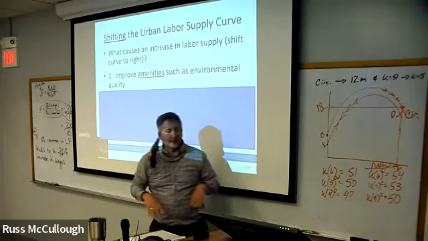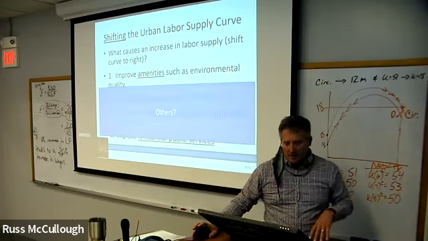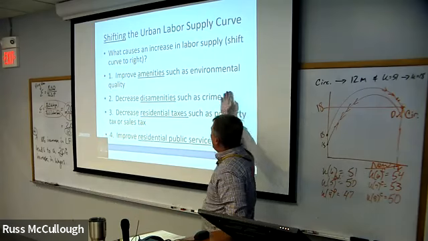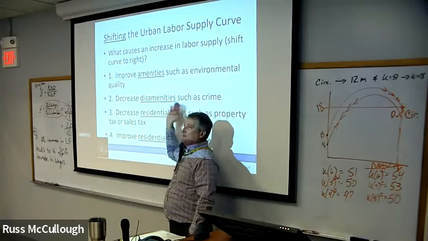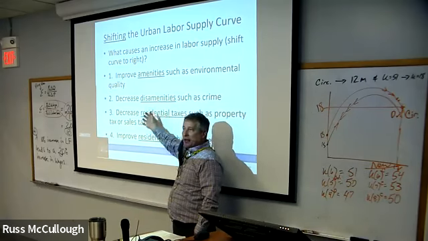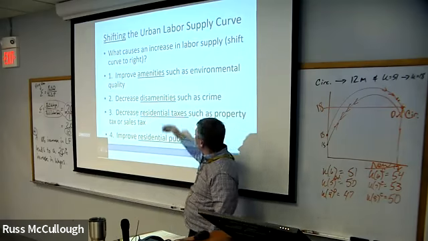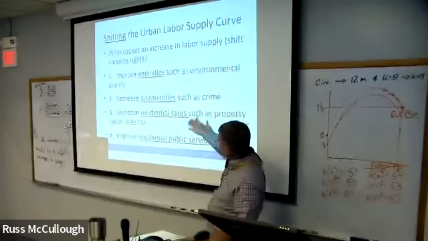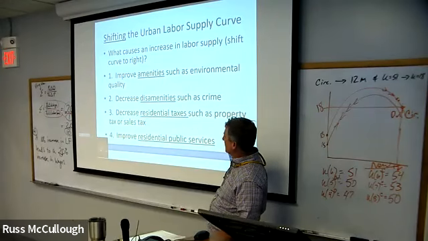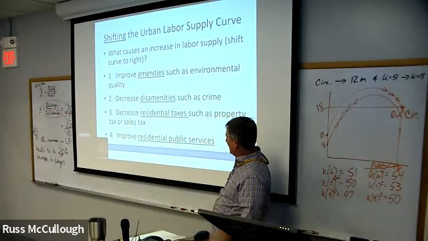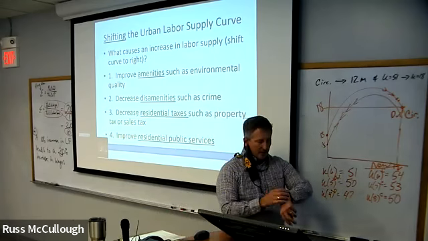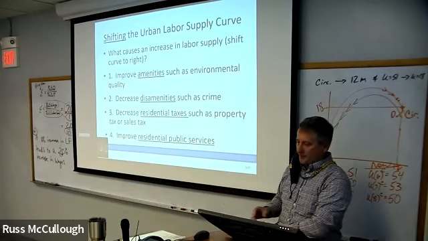So we kind of covered these before, and being able to switch. If there is a bad thing like crime, then we have more police officers. We bump up something to try to deter crime, holding constant taxes, decreasing residential taxes. Property taxes are the local tax. And then those public services, if we make those better, that can make a difference.